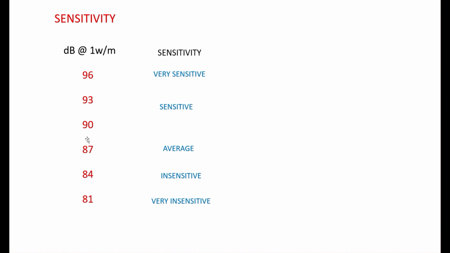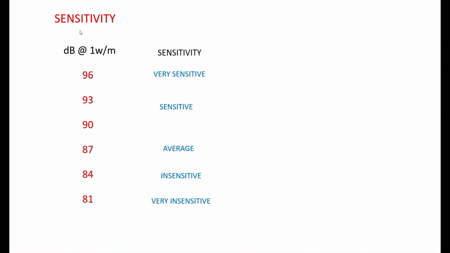Okay, so here are typical car audio speakers. They'll typically range from the low 80s to the high 90s. If you see something like 101 sensitivity, I don't think I've ever come across anything higher than about 96.